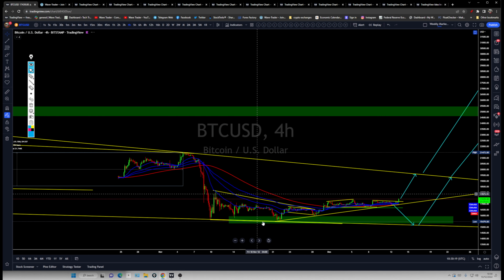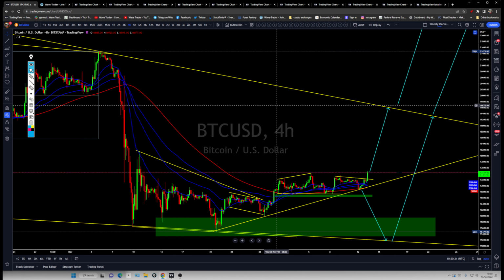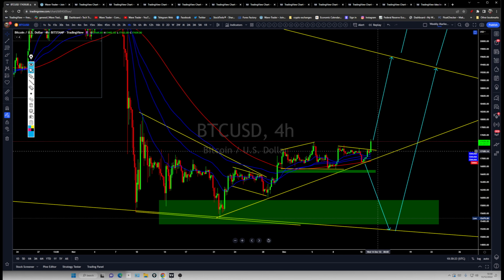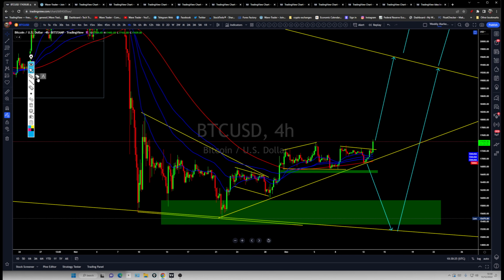So what's next? The next is that you are looking for price to clearly break out. We can see the three corrections: price has already broken out of the first, the second, and the third one. You are looking for this to become more clear, and then fall back again.